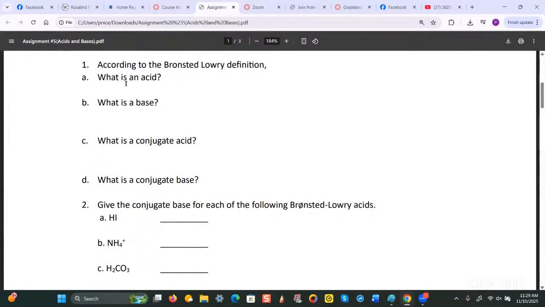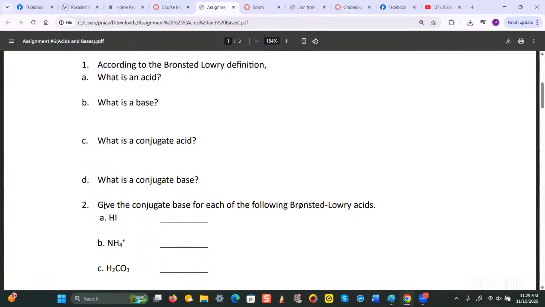The first question we should all be able to answer. Let's hear what you have to say. The question is asking, according to the Bronsted-Lowry definition, what's an acid? A substance that when added to water produces hydrogen ions.